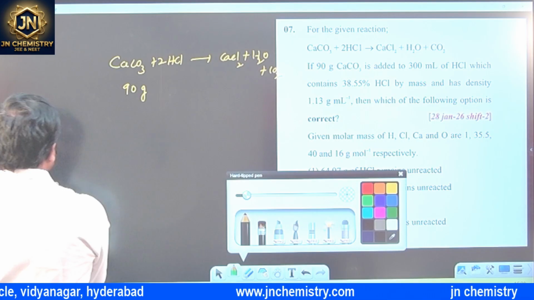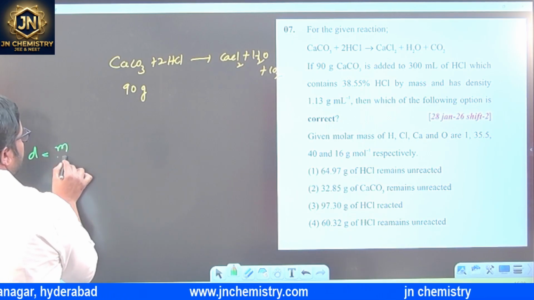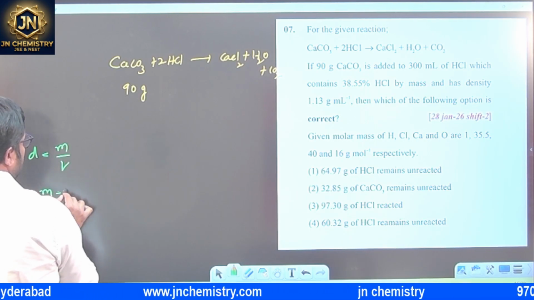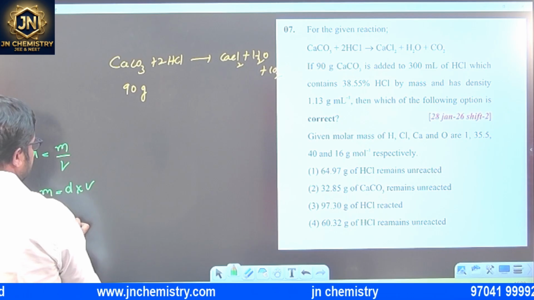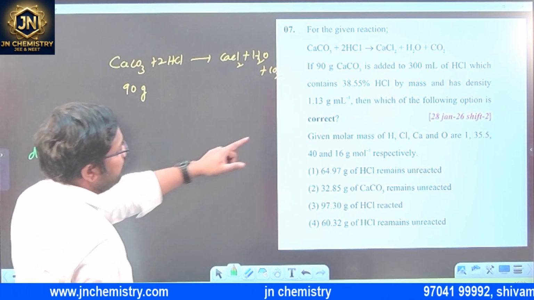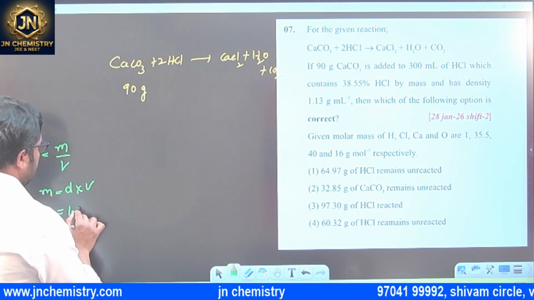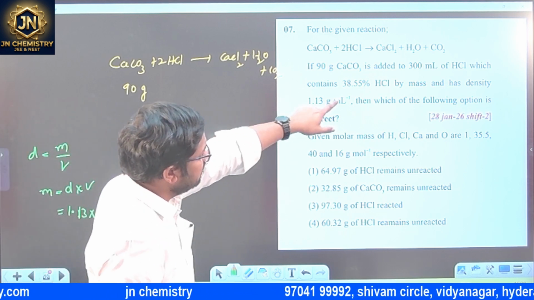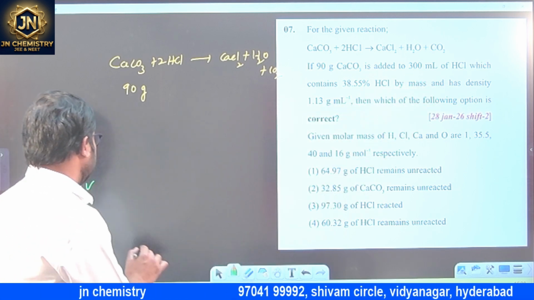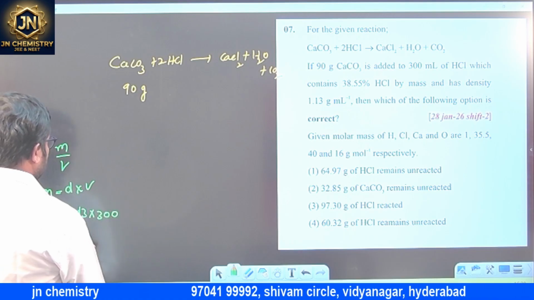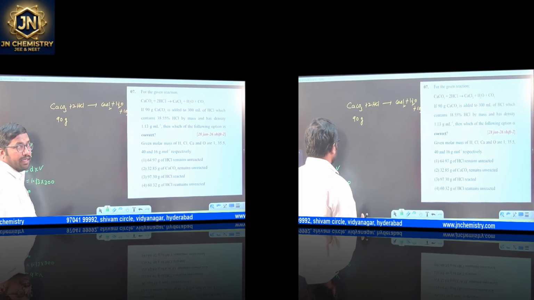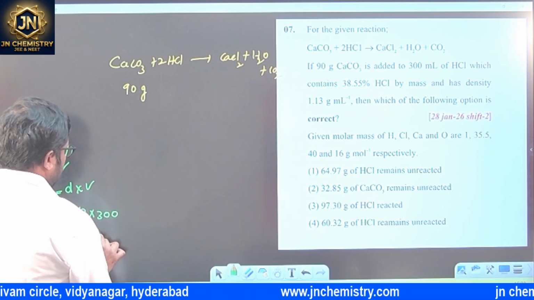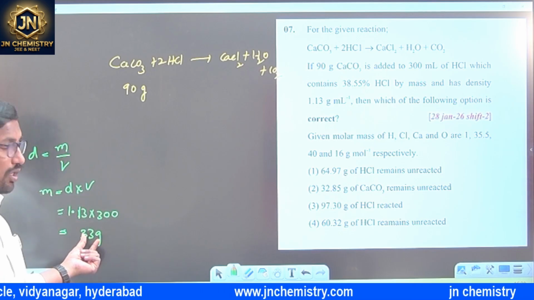We know density is equal to mass upon volume, so mass is equal to density into volume. Density is given as 1.13 and volume is 300 ml of HCl. So 1.13 into 300 gives 339 grams.